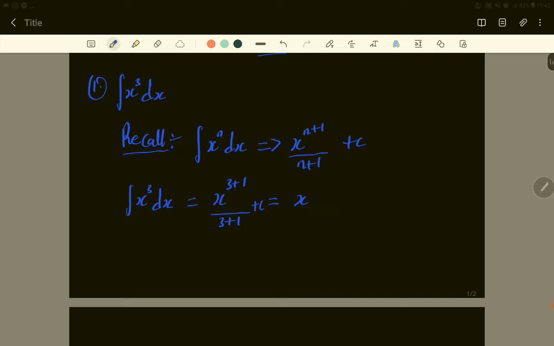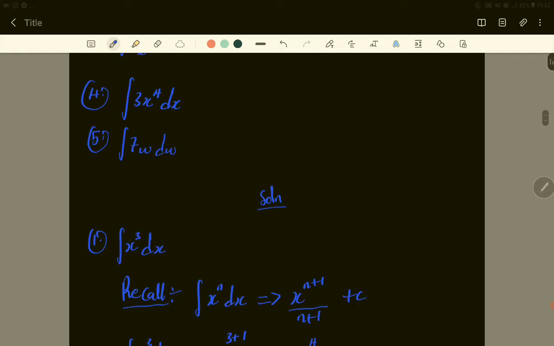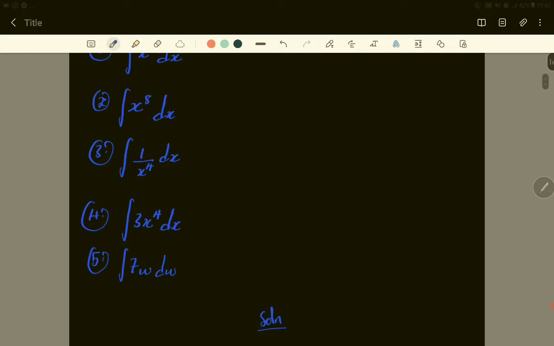So 3 plus 1 is 4, x to the power of 4 divided by 4 plus c. So the integral of x to the power of 3 is x to the power of 4 divided by 4 plus c.